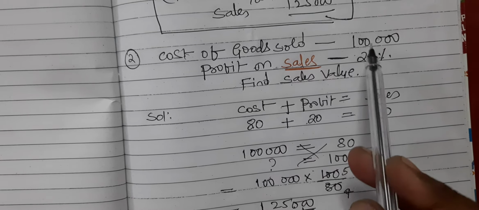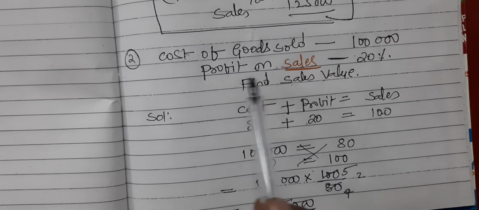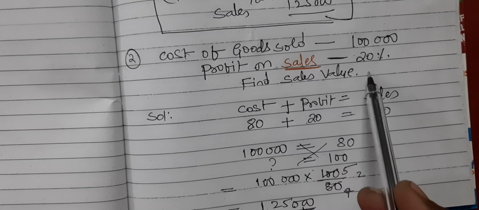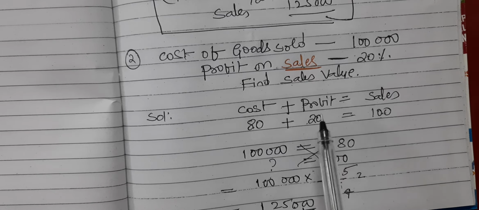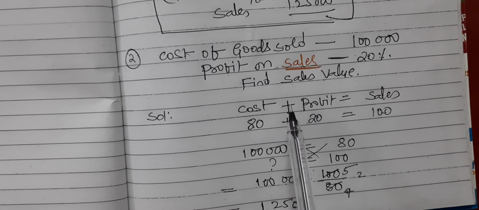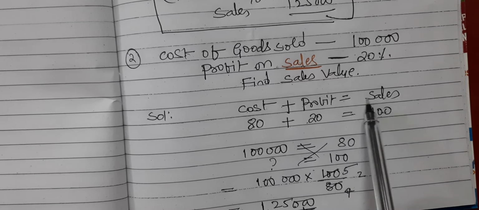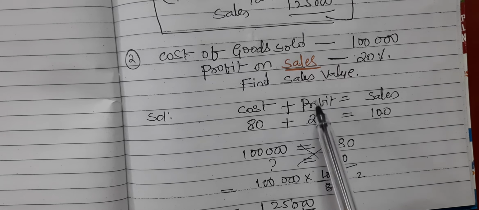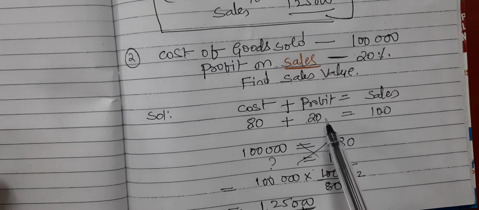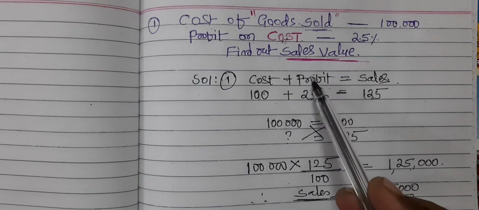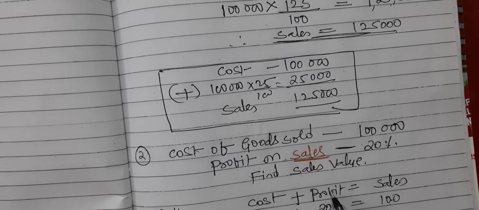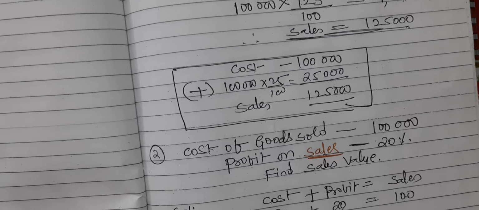So you can find it out like this. Cost of goods sold 1 lakh is given. Profit on sale is given, 20%. Find the sale value. In this case, first you write the equation: cost plus profit is equal to sale. Now 20% you write below the profit, as in the previous problem also.